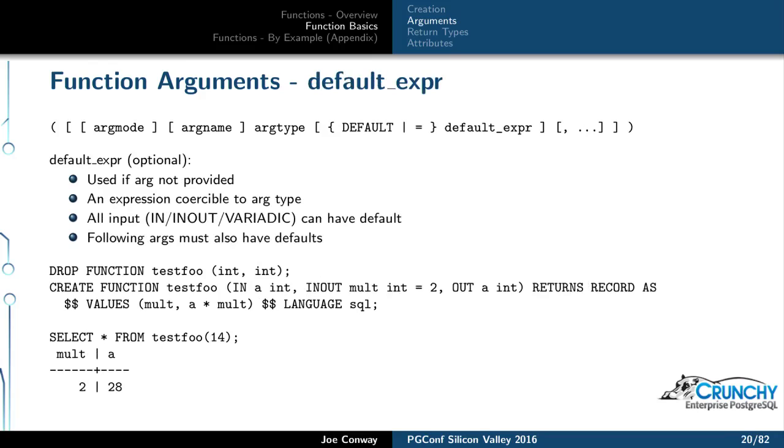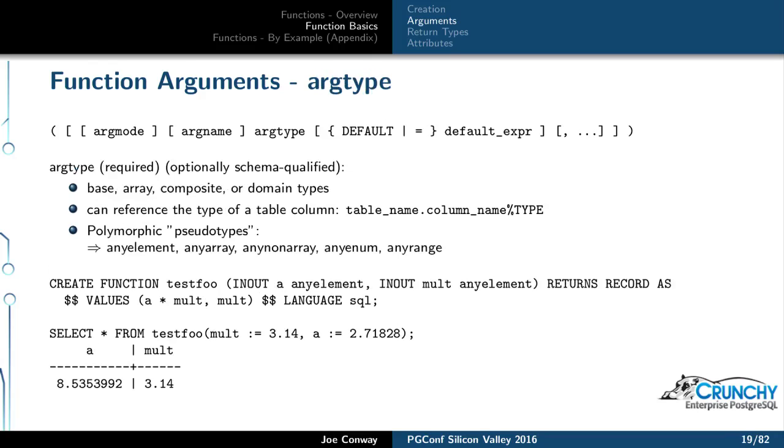Record is technically a pseudotype, not really a polymorphic type. In this case, because I've defined these as in-out, they are essentially defining the output as being the same data types as the input.